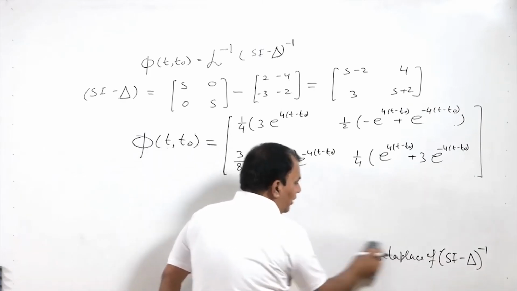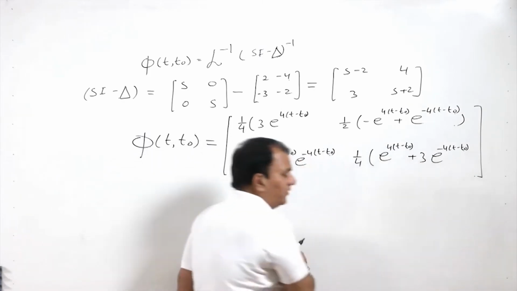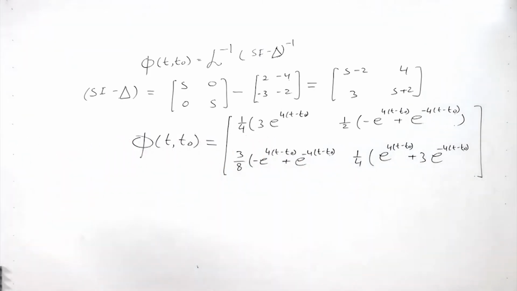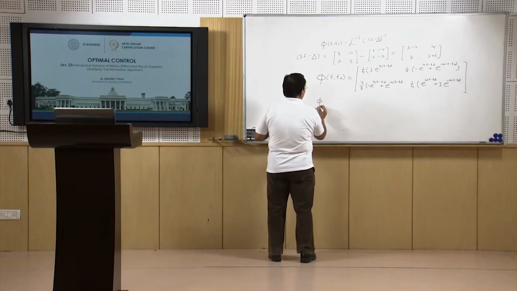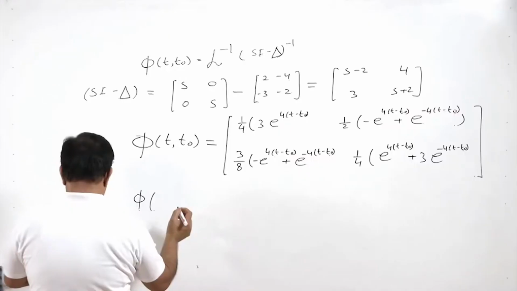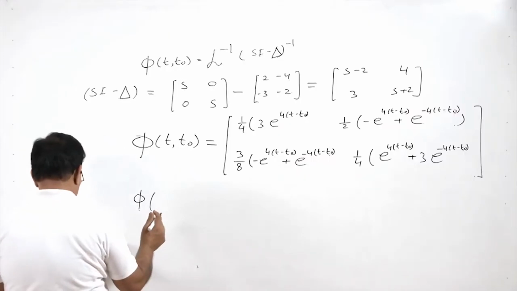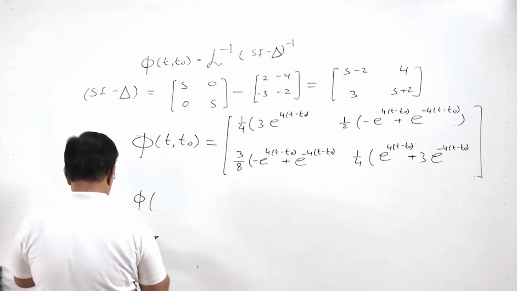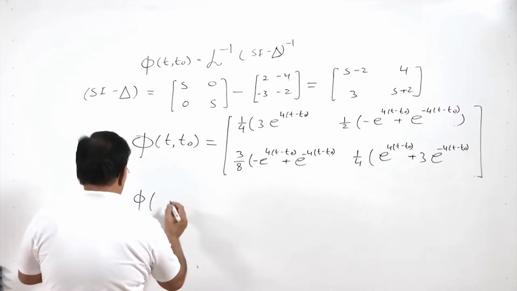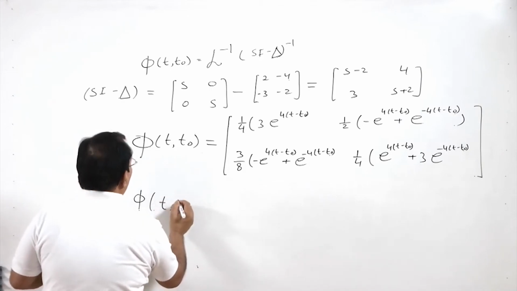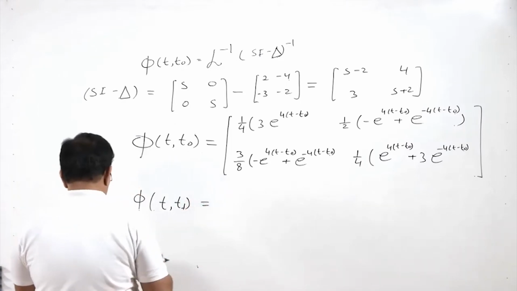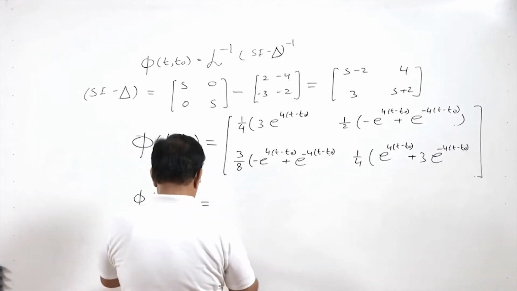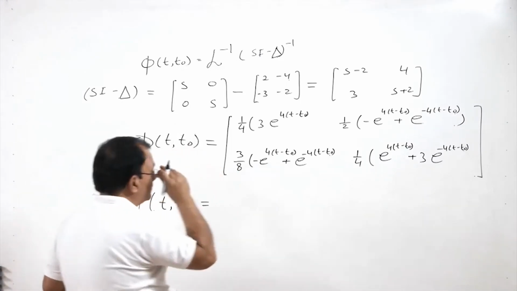So, if you recall, this state transition matrix, we have to determine phi T to TF, if I say.